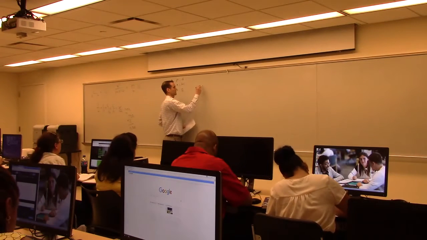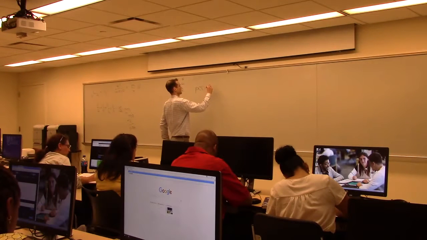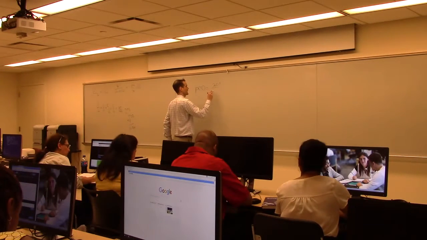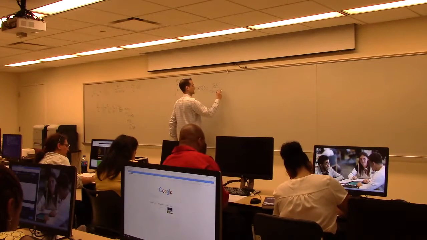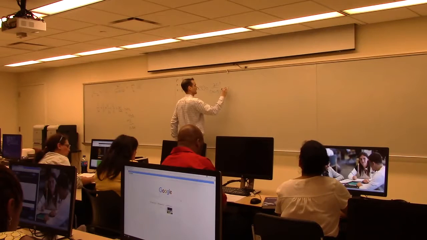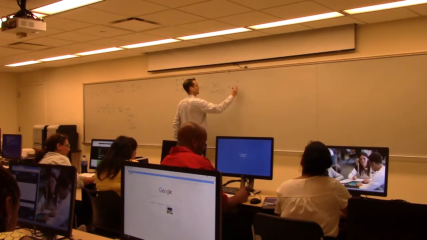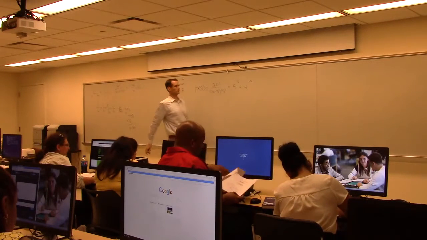P of 8 equals 20 factorial over 20 minus 8 factorial times 8 factorial, times 0.5 raised to the 8th times 0.5 raised to the 12th.